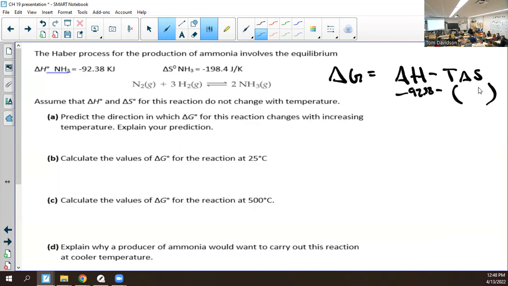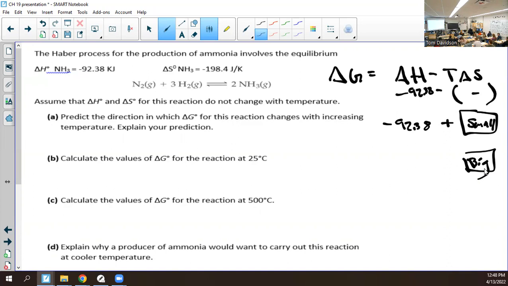A positive or a negative? Negative. So this is really going to be a what sign? An addition. So we're going to have negative 92.38 plus whatever. If this is a small number or a big number, it's going to change things, right?